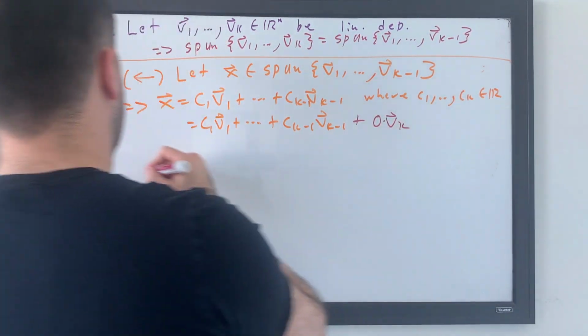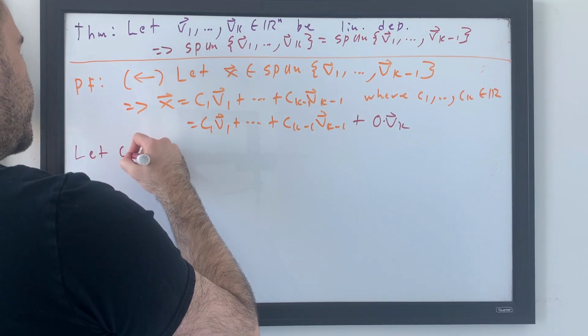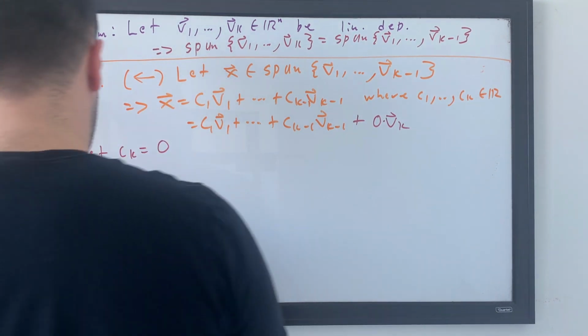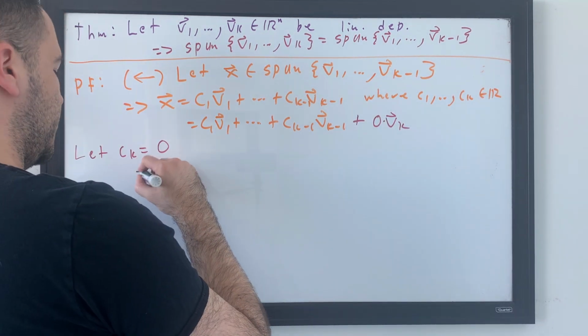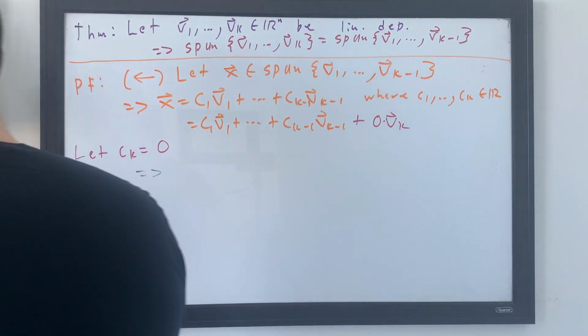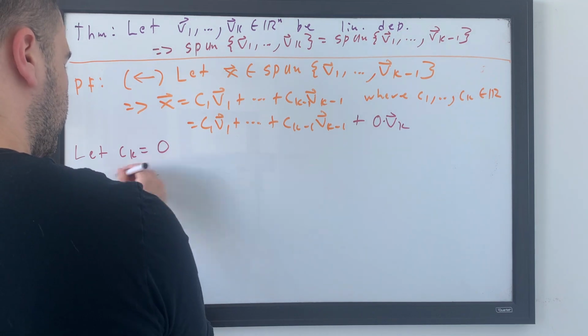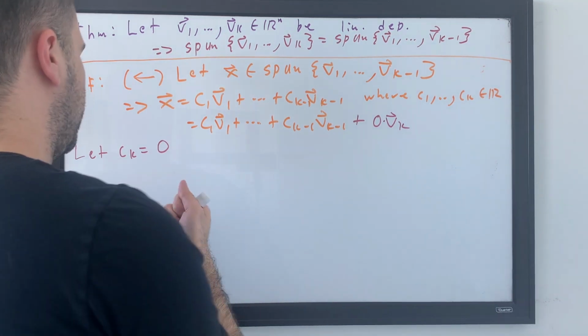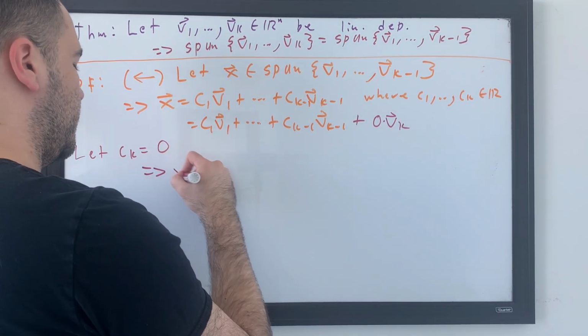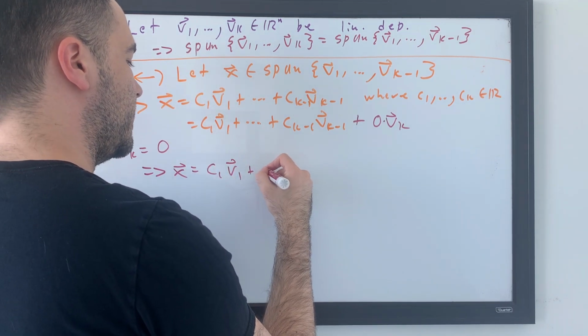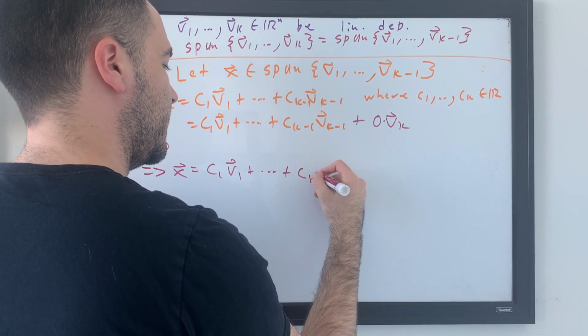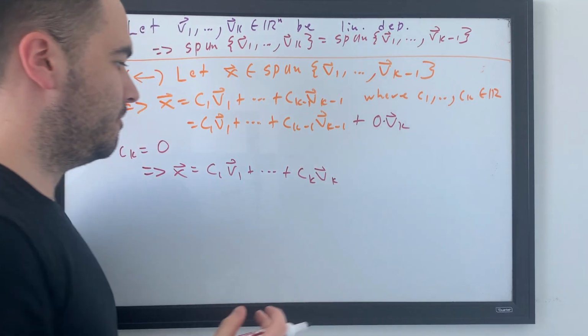So now, if I let ck be 0, this then implies that x is equal to c1 v1 plus all the way to ck vk.